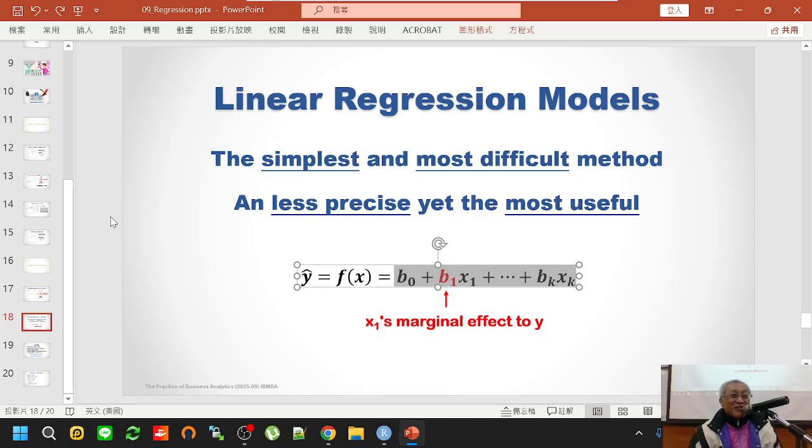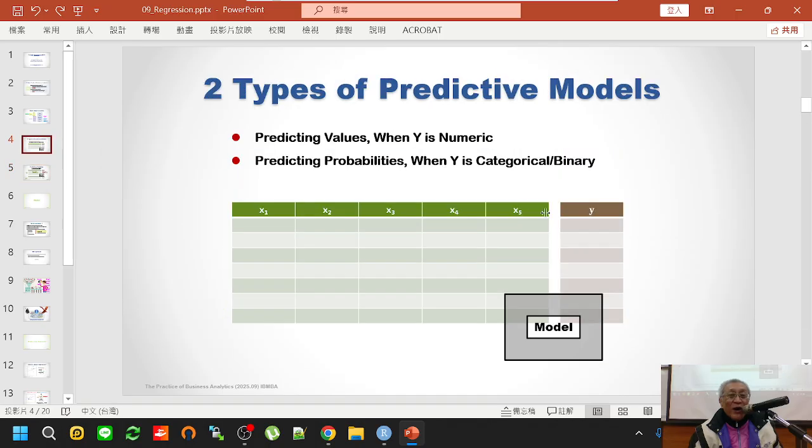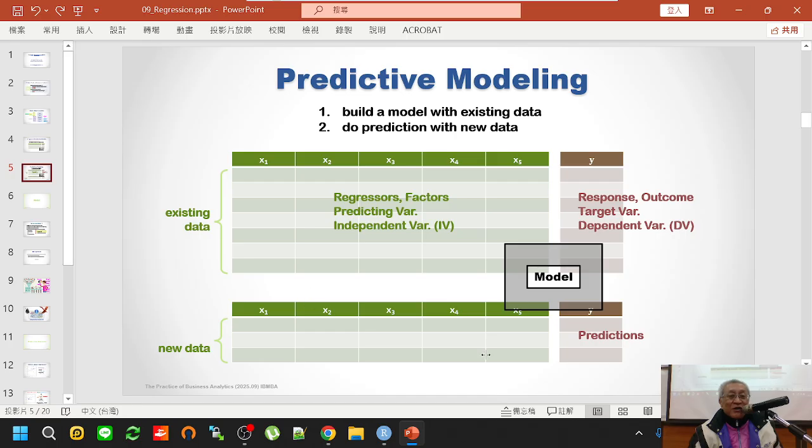In the case of our final presentation, in the Tafang case, the reason that we build a model is to predict the probability of buying, right?